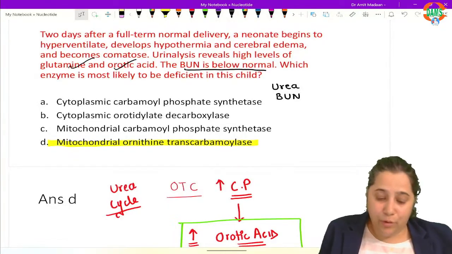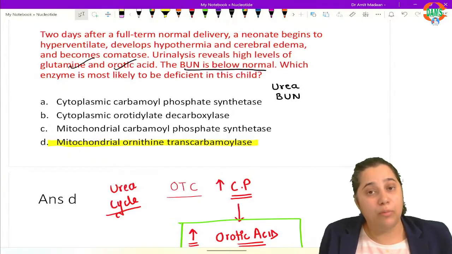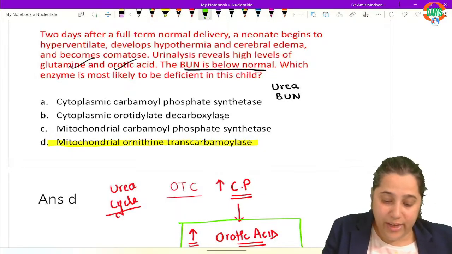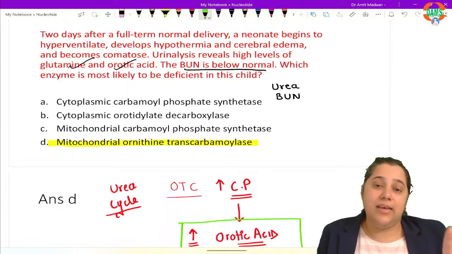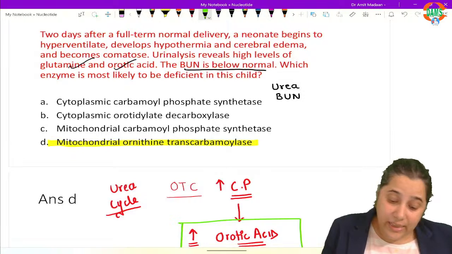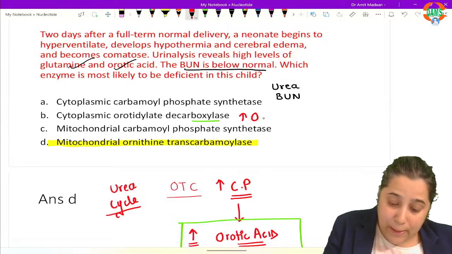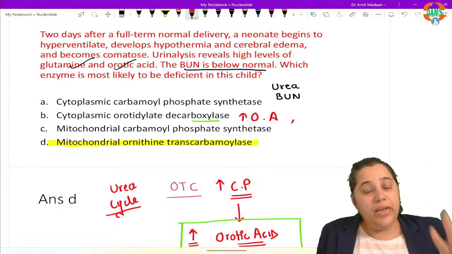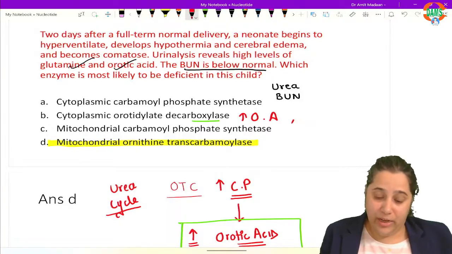If there is mitochondrial carbamoyl phosphate synthetase defect, then carbamoyl phosphate will not be formed. If cytoplasmic orotidylate decarboxylase is defective, this is an enzyme of pyrimidine biosynthesis, then there will be an increase in orotic acid, but the level of glutamine will be normal and blood urea nitrogen will also be normal.